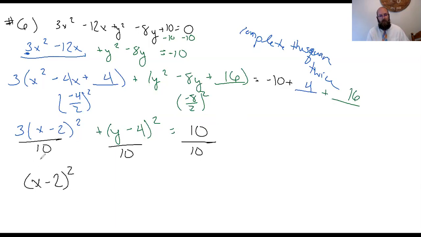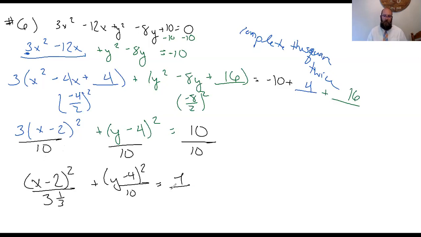How many times does that go in there? 3 1/3. I'm going to put it as a fraction because I hate decimals. So I have 3 1/3 on the bottom. It was 3 times, and there's 1/3 left over. And then plus y minus 4 squared over 10 equals 1.